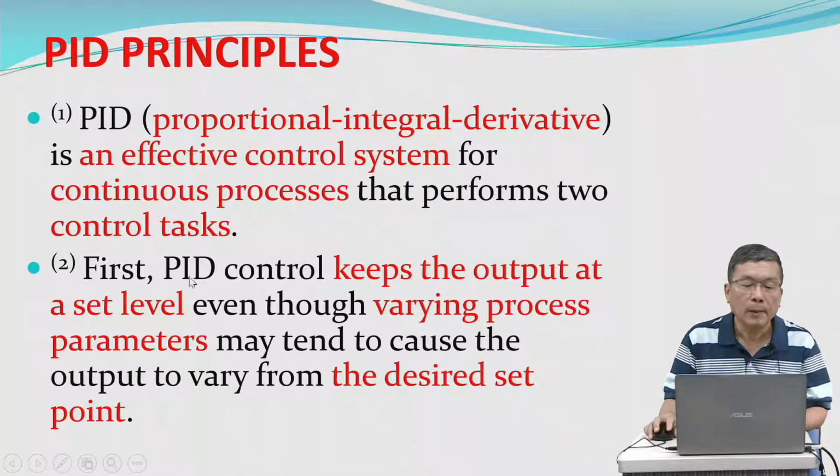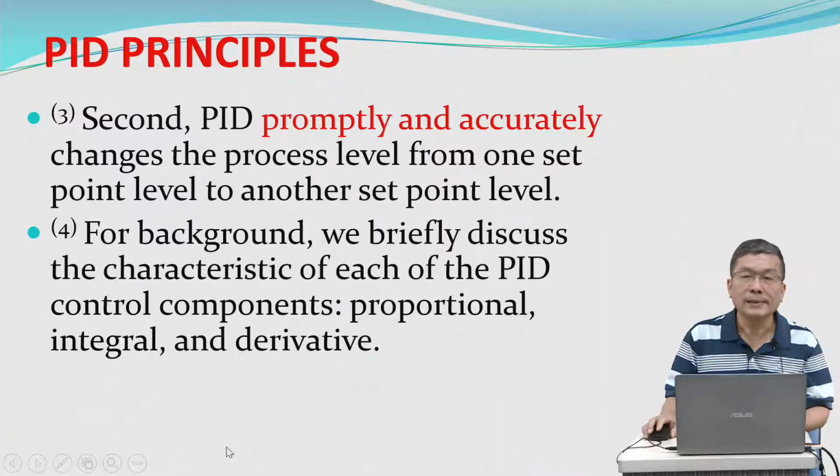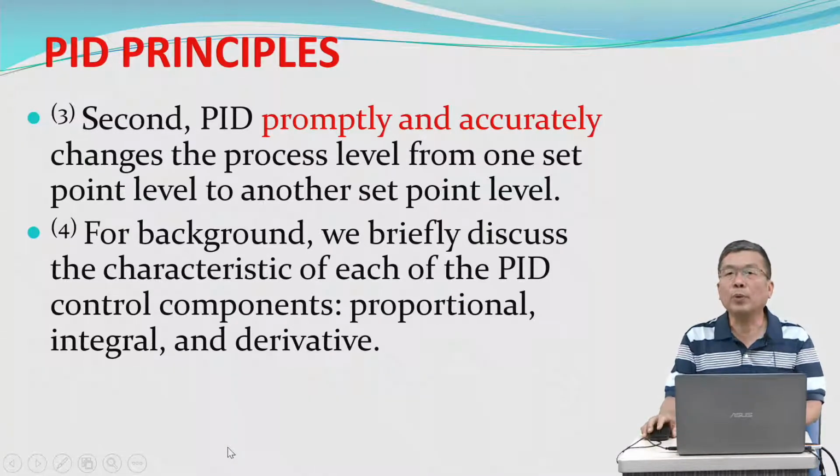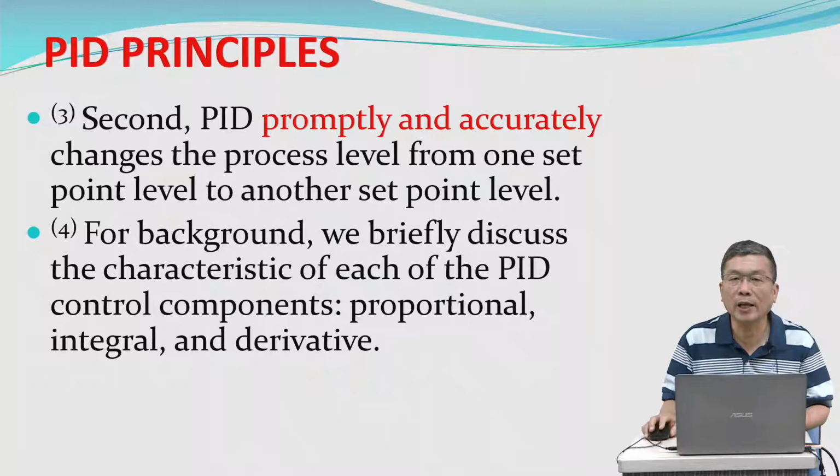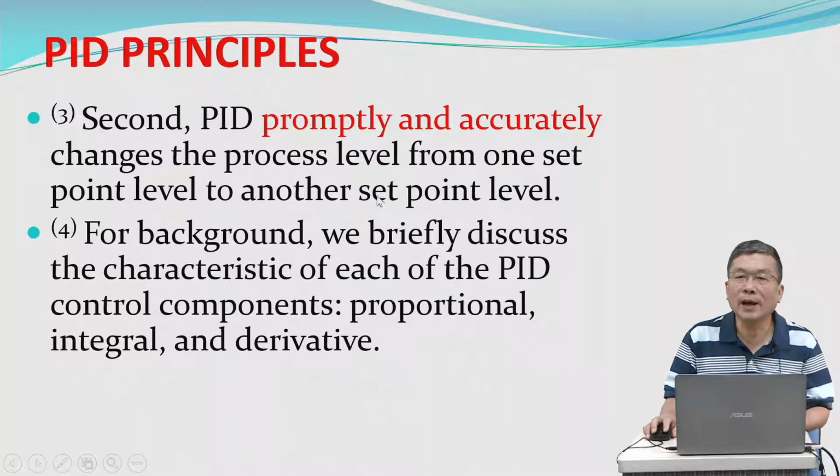First, PID control keeps the output at a set level, even though varying process parameters may tend to cause the output to vary from the desired set point. Second, PID promptly and accurately changes the process level from one set point level to another set point level.